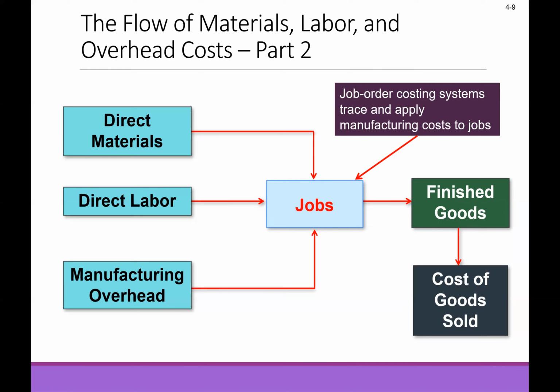Now, under job order costing systems, we flow all these direct materials, direct labor, and manufacturing overhead into specific jobs. Those get applied directly to the job.